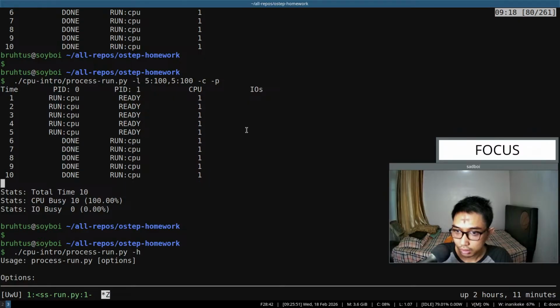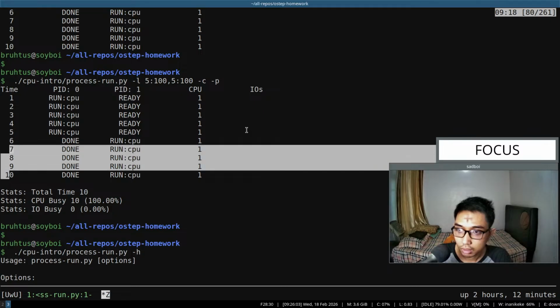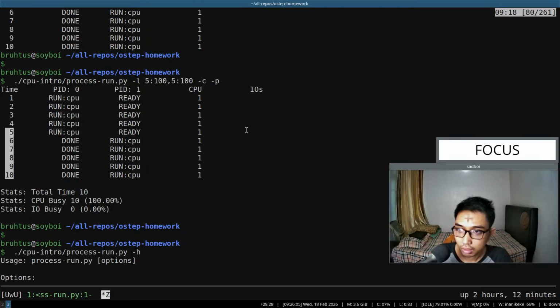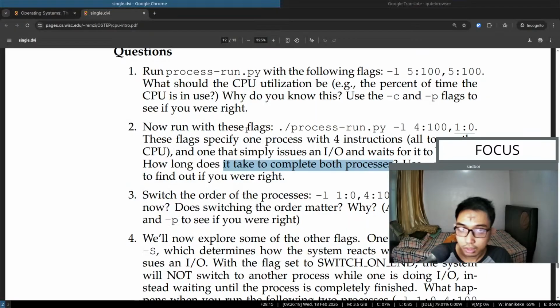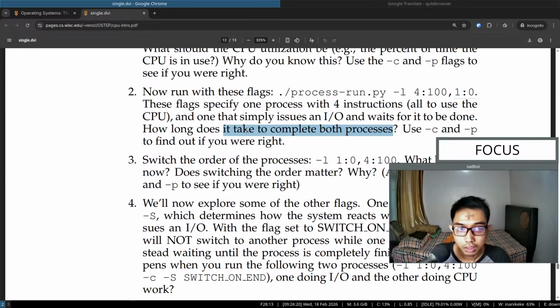Wait a minute. Total time 10. Okay, I didn't realize this previously. Maybe this is the time that this homework asks.